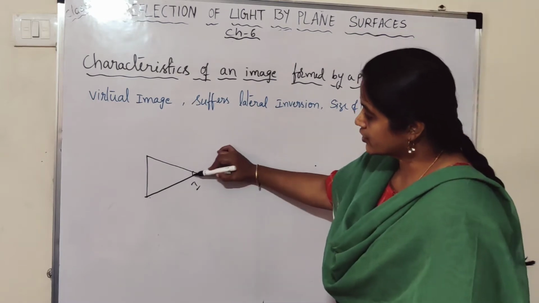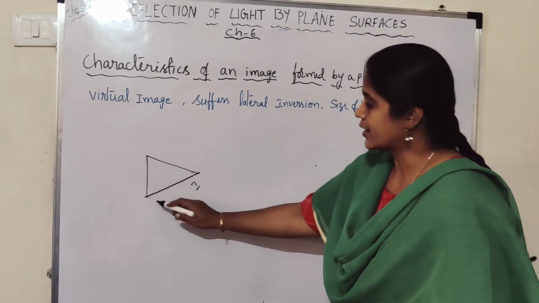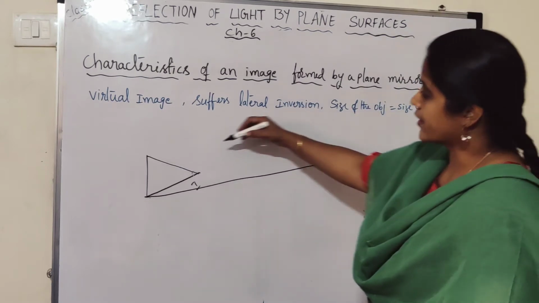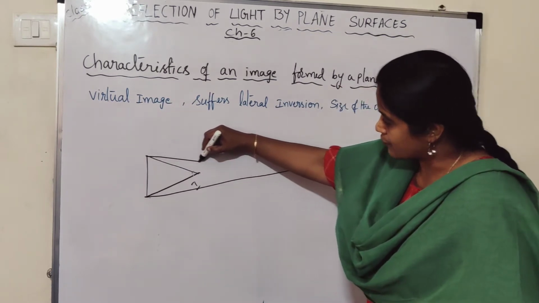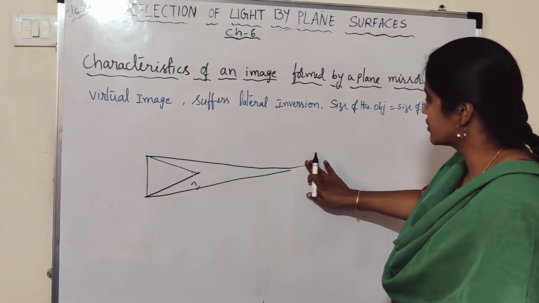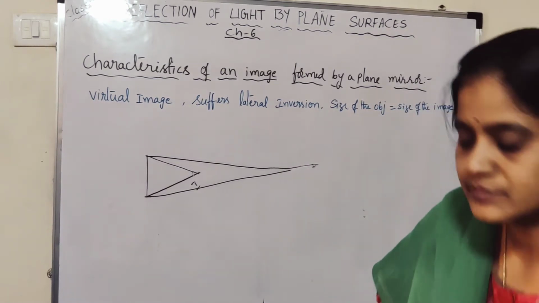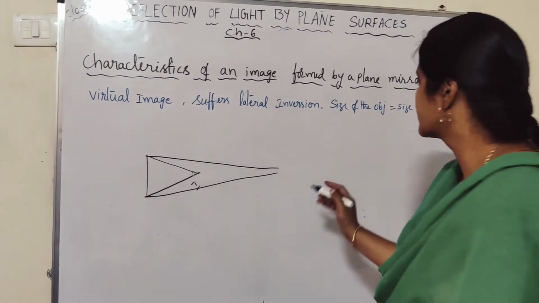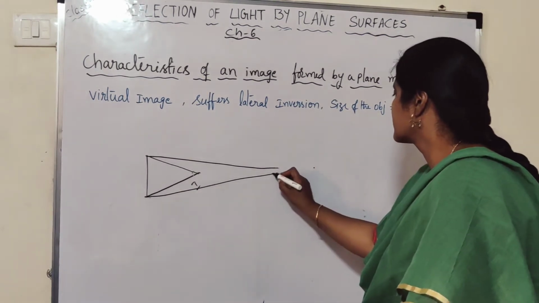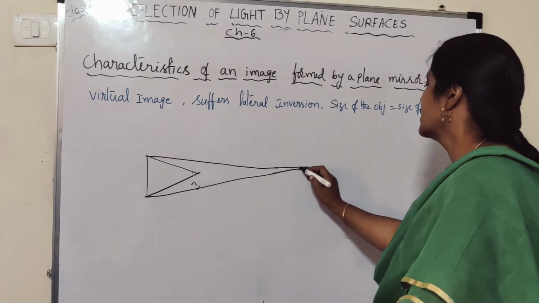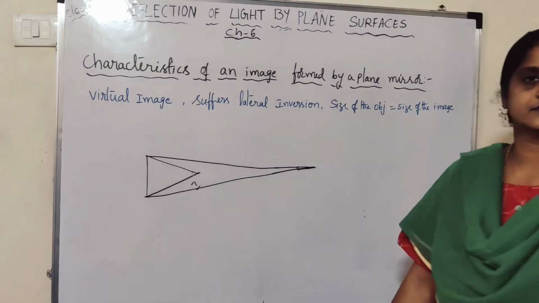And from this object the rays also reach the second observer. Here also we get some angle.